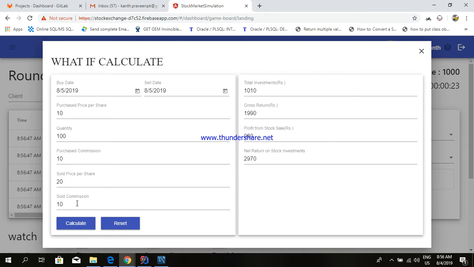I have to pay a commission to my broker. The sold commission is the broker's gain, so he takes 10 rupees. In that case, the total investment is 1,090, and he will be having 20,000. The gross return is 1,990.